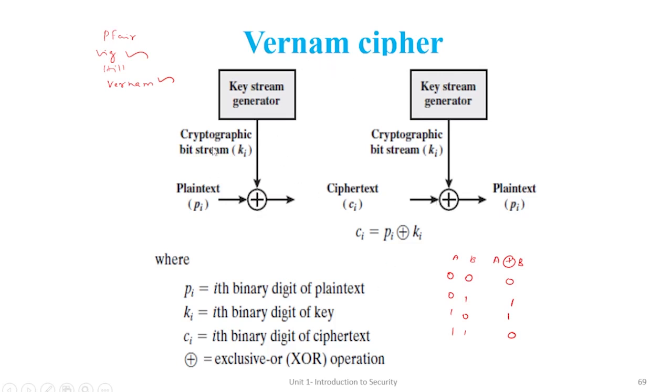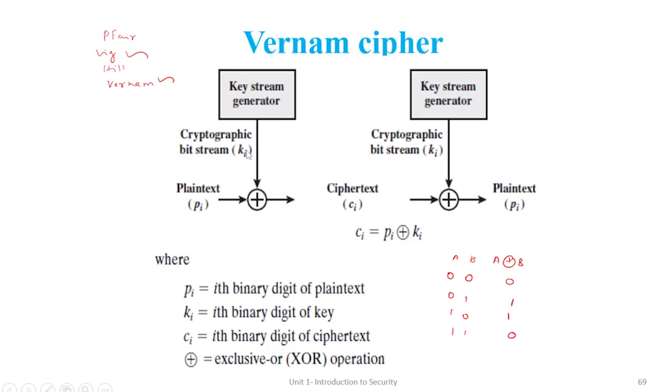In the given diagram, the left side portion is used for encryption and the right side portion specifies the decryption mechanism. If any plaintext is given, first we write each letter's corresponding integer value, and that integer value is converted into a binary number. If any keyword is given, the same procedure is applicable.